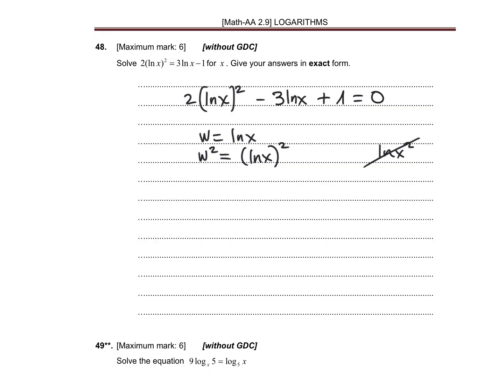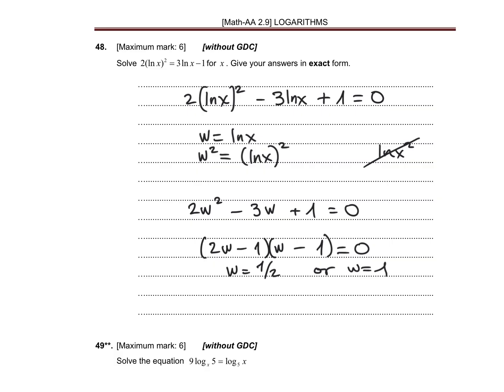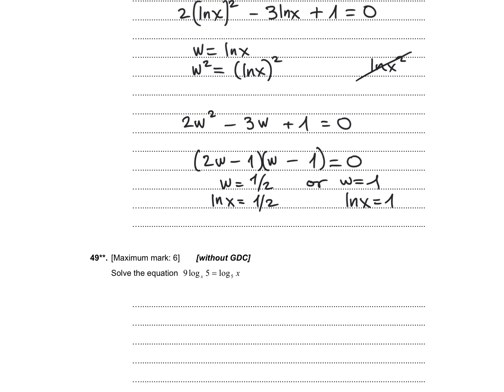So we will have 2w squared minus 3w plus 1 equals 0, factoring 1 and 1, and we need a negative and a negative to make the positive 1 and the negative 3. So w is 1/2 or w is 1, but w is not what we're solving for. We're solving for x. So natural log x is w. Natural log x is 1.